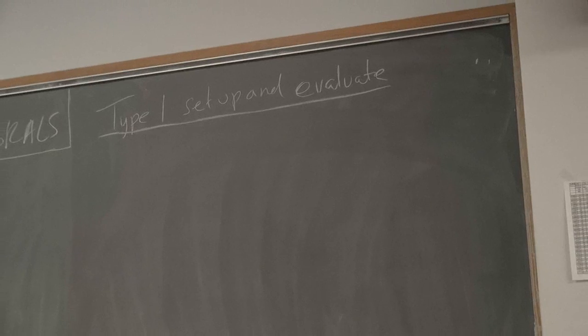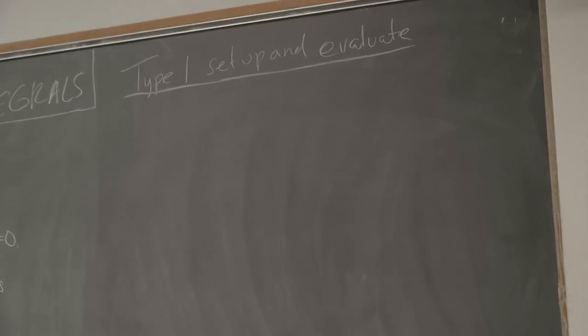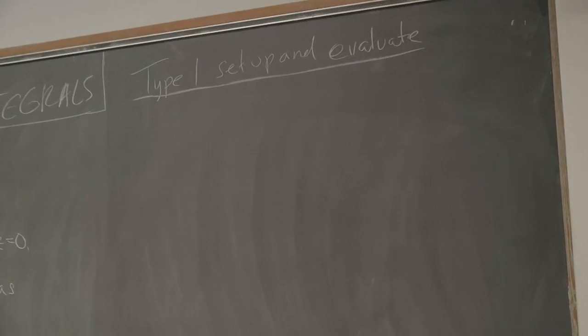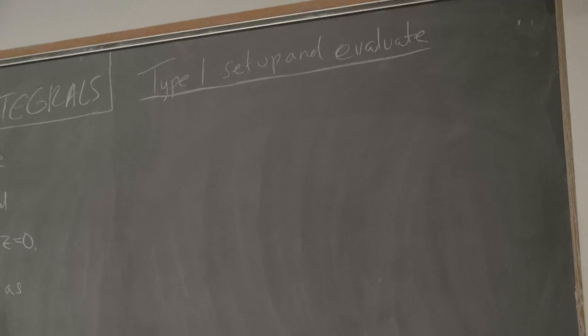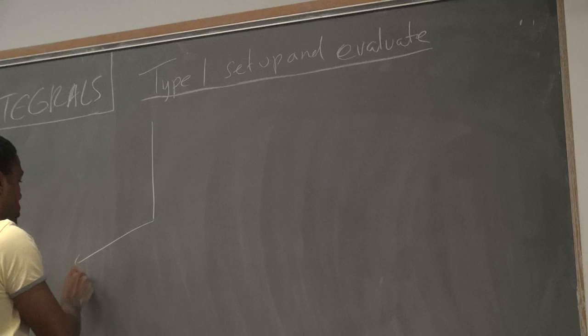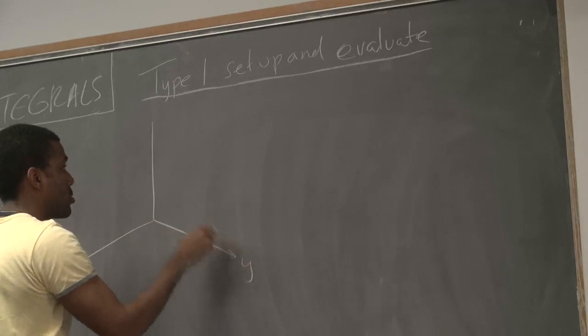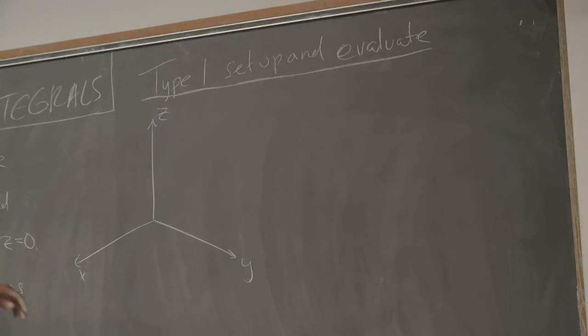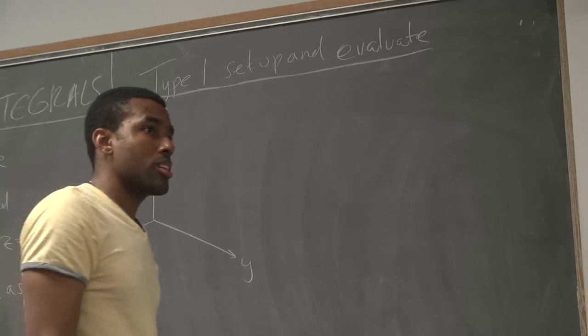How does this look as type 1? Could we actually draw the region? Yeah. How would it look? You ever played D&D? Four-sided die?